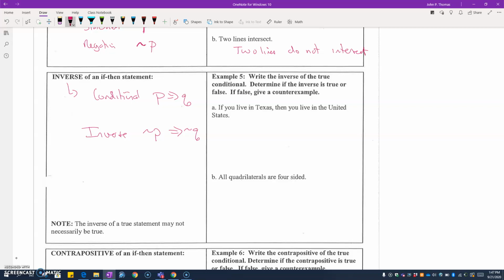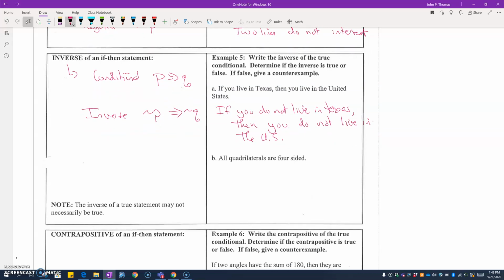So in this one, it asks us to rewrite these. This first one says, if you live in Texas, so negating that would be if you do not live in Texas. The original statement was then you live in the United States. Negating that would be then you do not live in the U.S., which again is a false statement. The next one, all quadrilaterals have 4 sides.